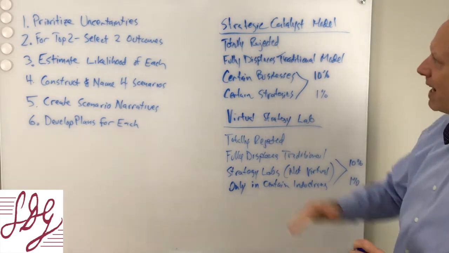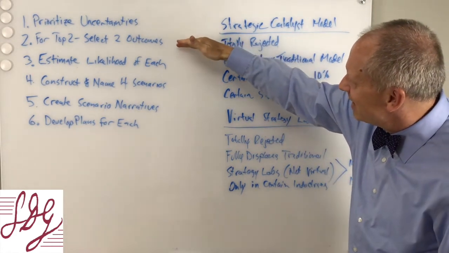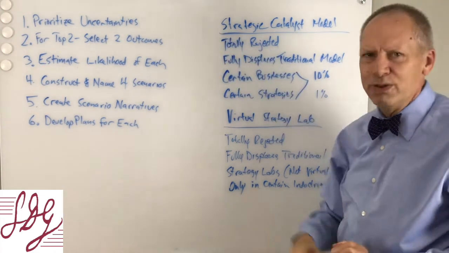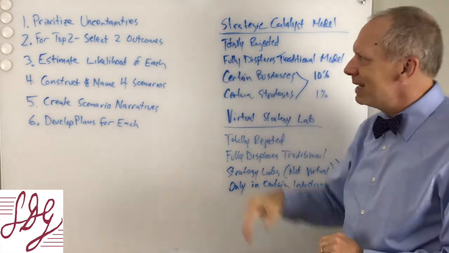So we've now gotten through these first two steps. The next step is to estimate the likelihood of each of these.